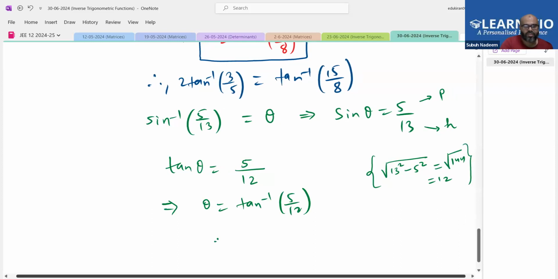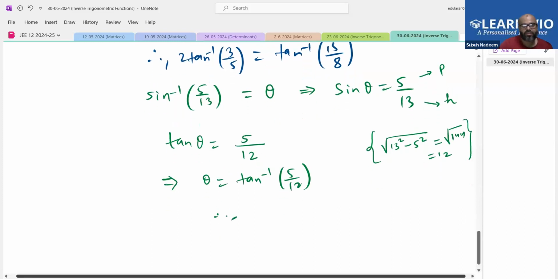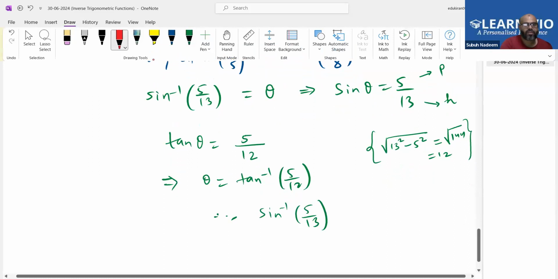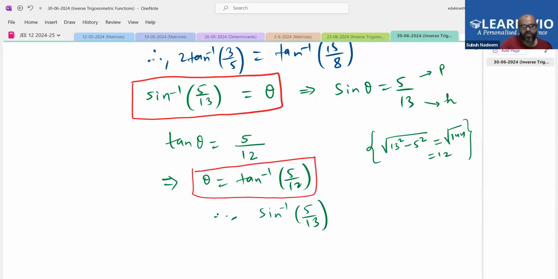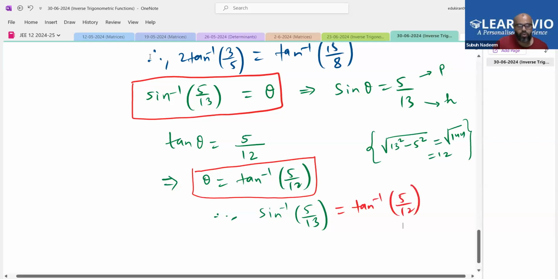So sine inverse 5 by 13, which is theta, is coming as tan inverse 5 by 12. So sine inverse 5 by 13 is equal to tan inverse 5 by 12. So we have changed this also. Please write this down.